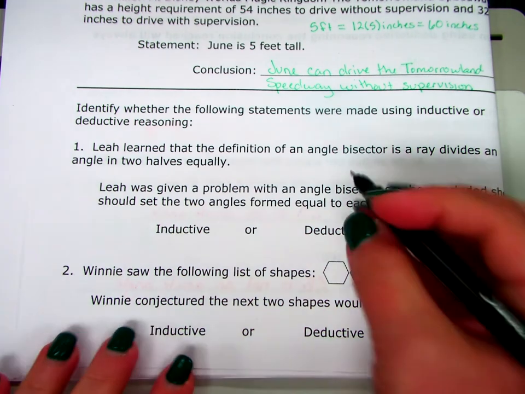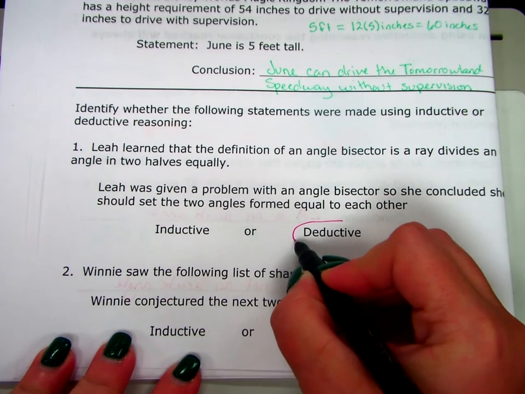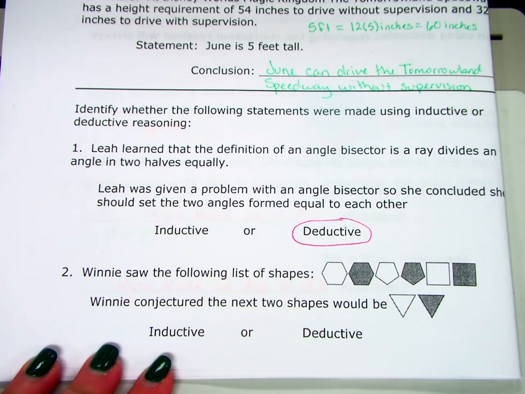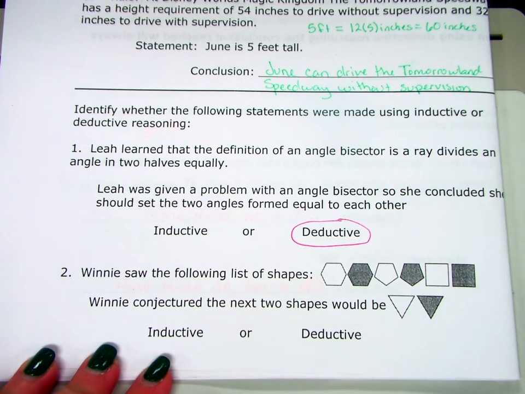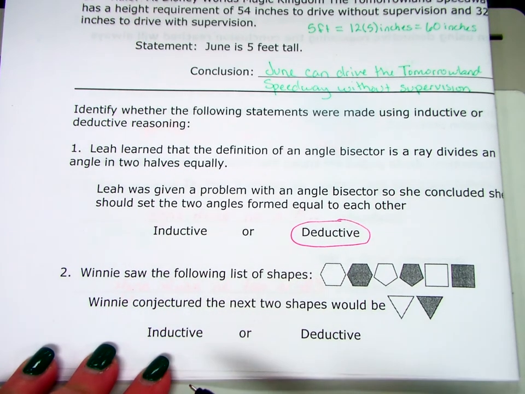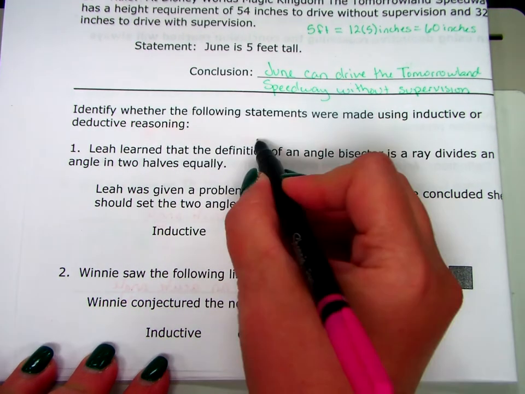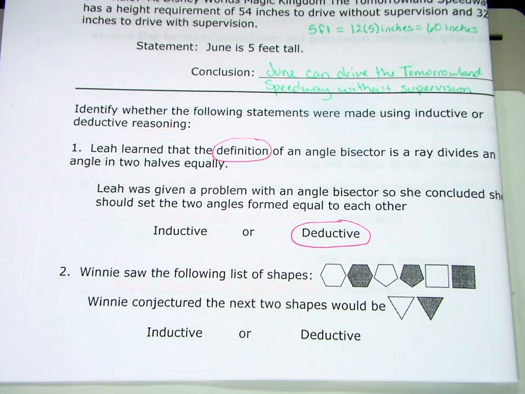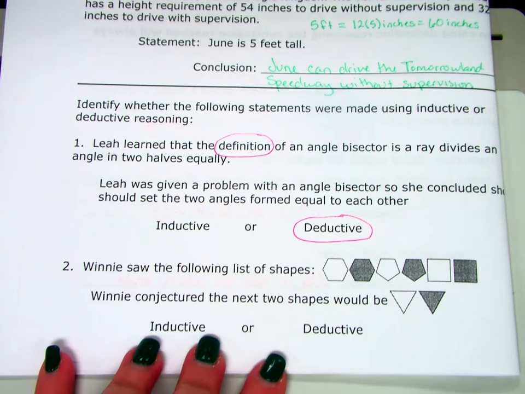What key word in my sentence tells me it's deductive? Definition. Because deductive reasoning uses facts, definitions, and rules. She was given a definition and she used it.